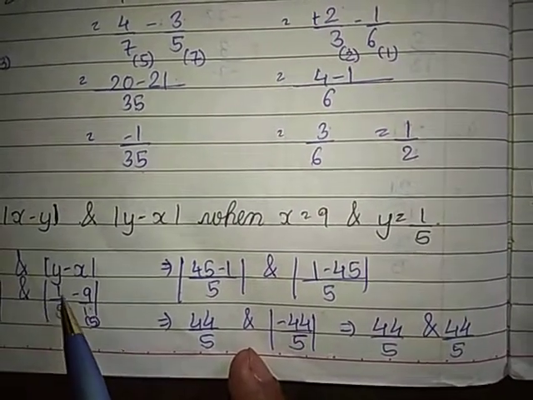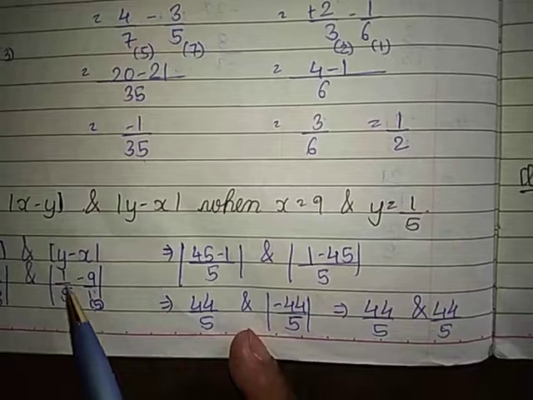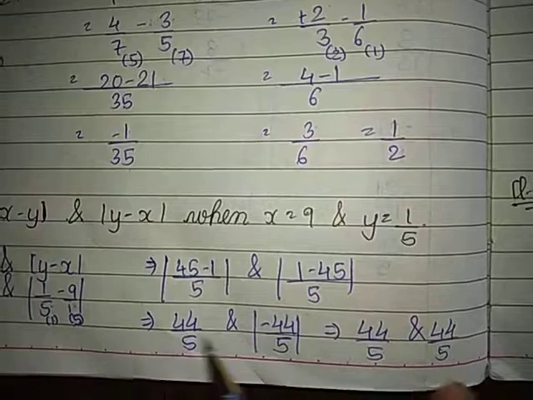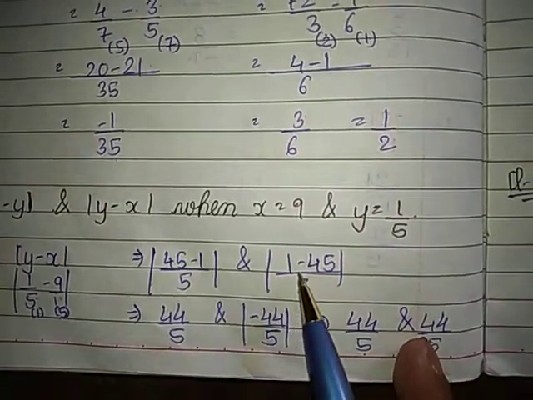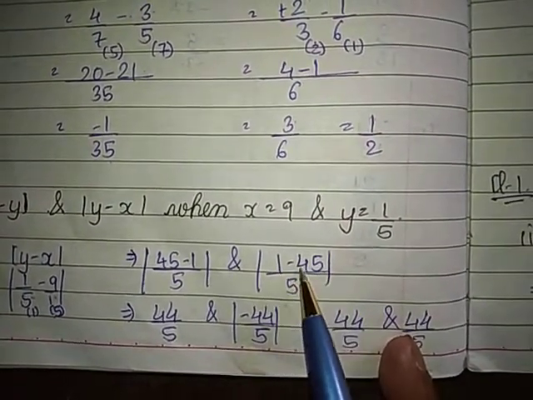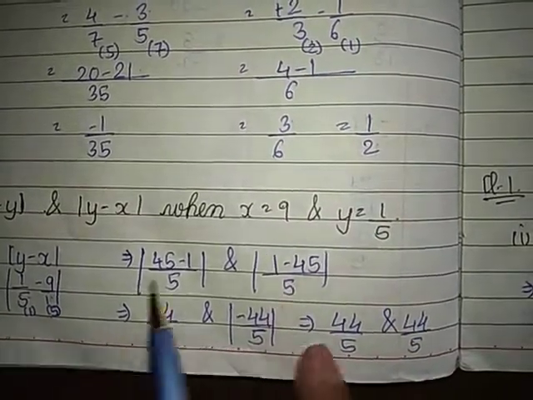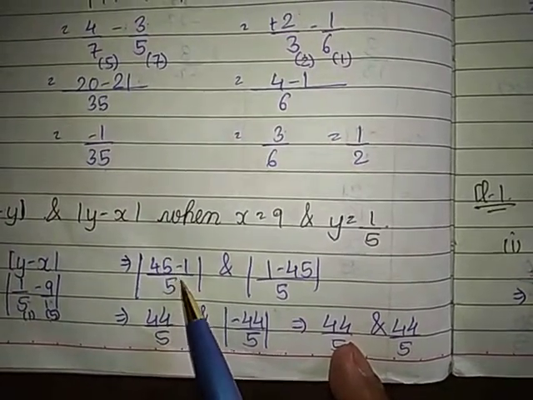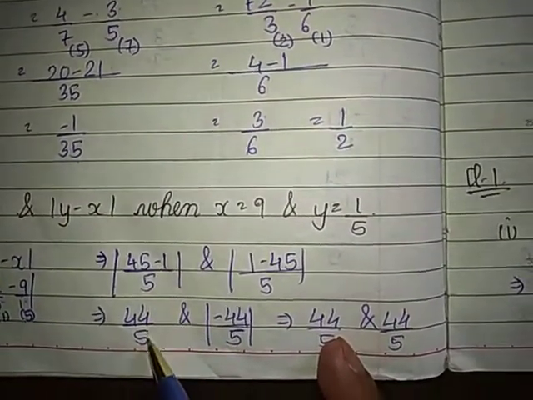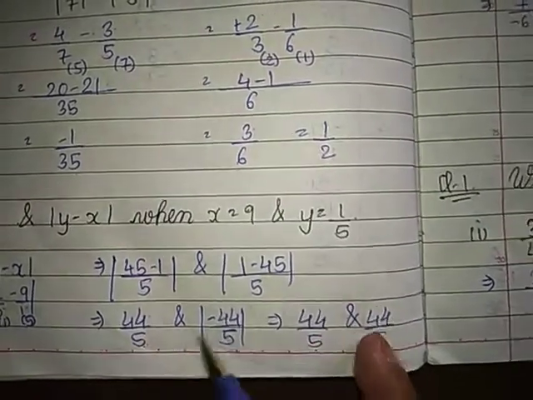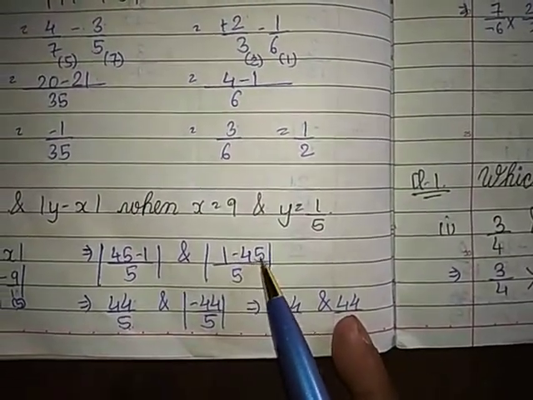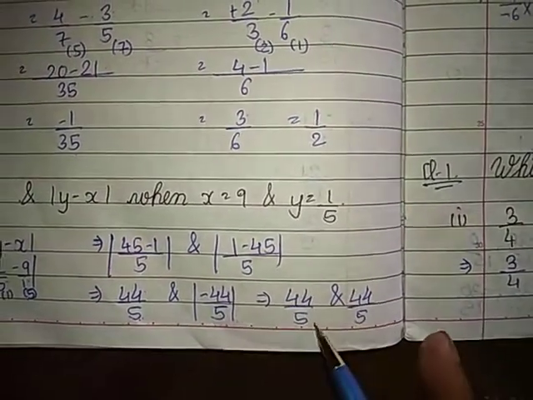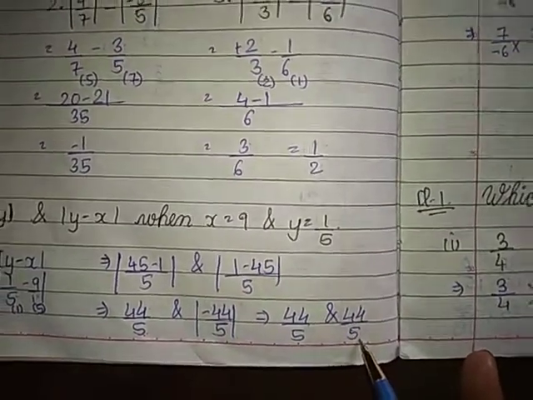So multiply with the numerator, it will become 9 5s are 45. So it will become 45 minus 1, and here it will become 1 minus 45. 45 minus 1 is 44 upon 5. When it comes out from the mod, it will become 44 upon 5. And 1 minus 45 is minus 44, so minus 44 upon 5. When it comes out from the mod, it will become 44 upon 5. Is it clear?